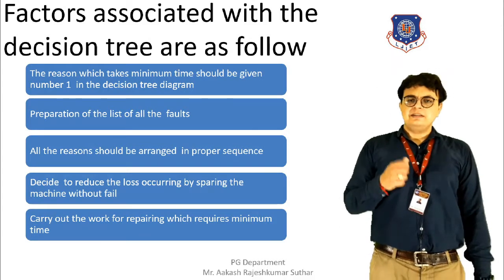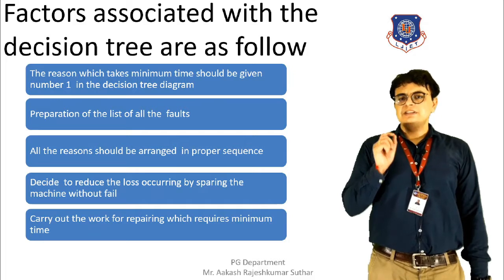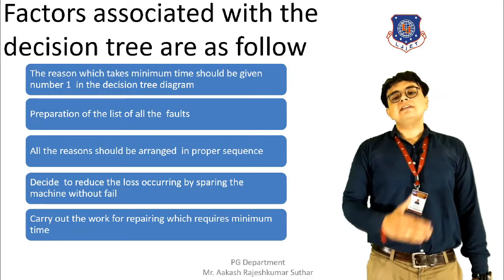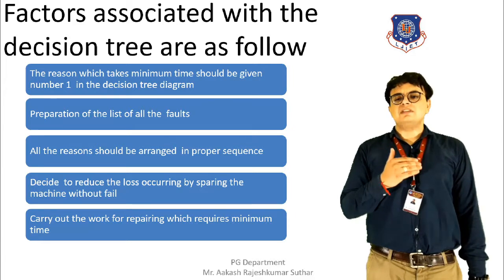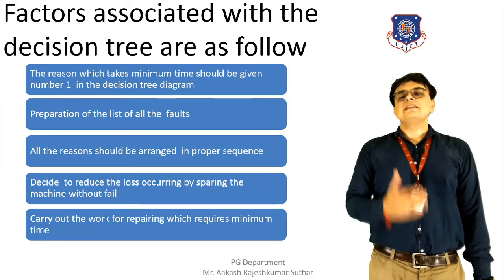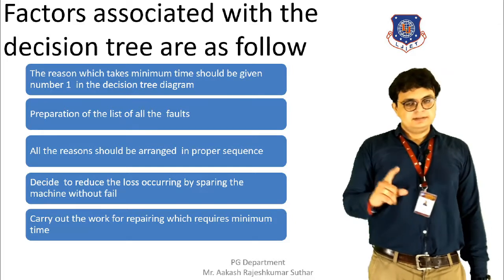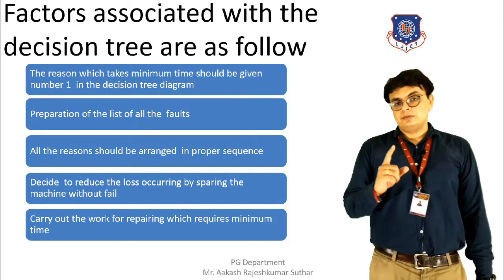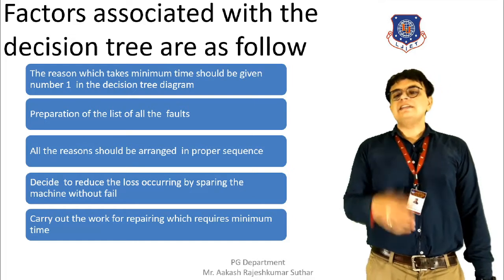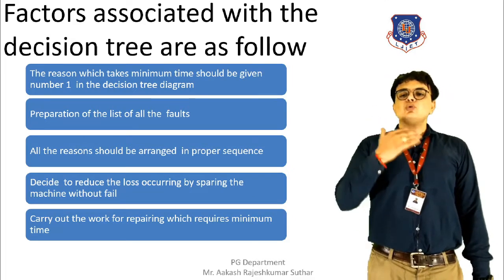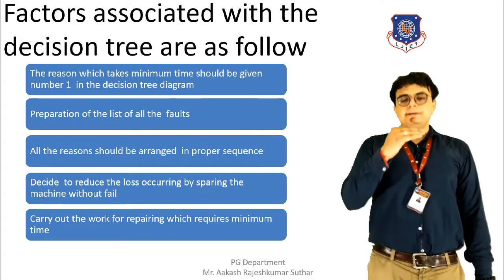Basically, the main factor is, first of all, we need to find all the reasons that are causing the faults. All the genuine reasons that are causing the faults should be listed first. Now, we have already listed all the faults. The next thing required is to arrange them in a proper manner.